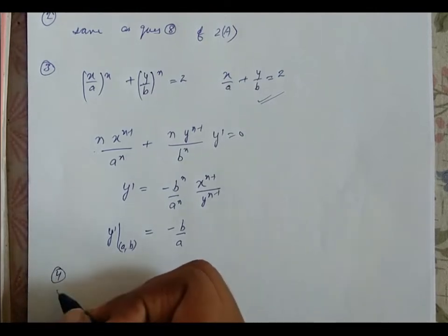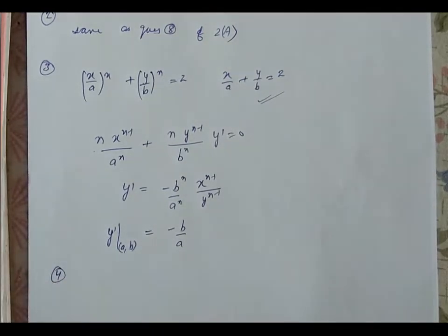Moving on to the next question, question number 4. Show that for the curve ay square is equal to x plus b whole cube, the subnormal varies as the square of the subtangent. I think this question is also a repetition.